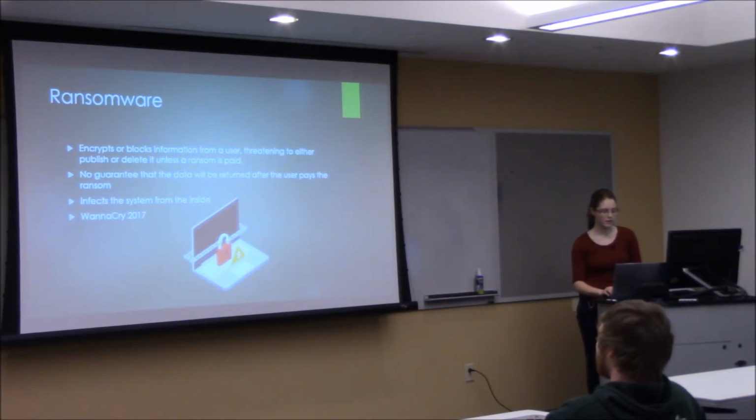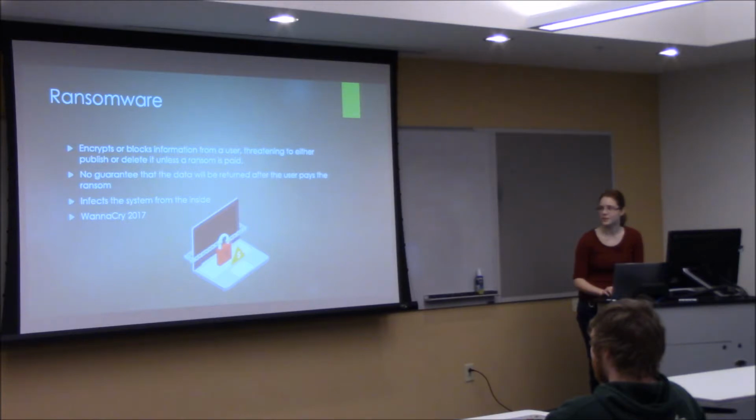It usually infects the system from the inside, like through attachments from emails, or if it's being spread by a worm or something like that. A really good example of that is WannaCry, the attack that came out last May. I remember when that one came out, it was a really big deal. It was shut down not too long after it came out, but it affected over 200,000 computers in over 150 countries.